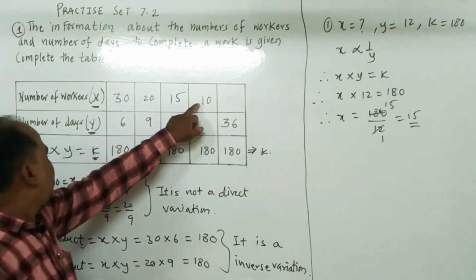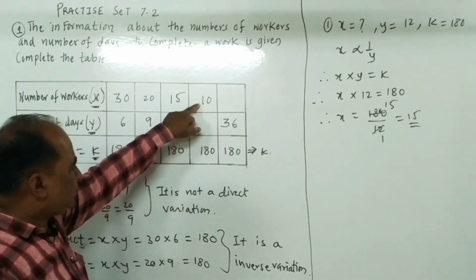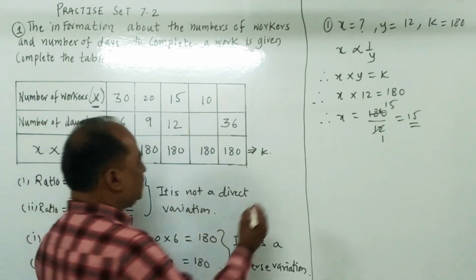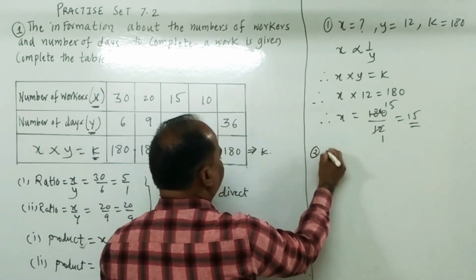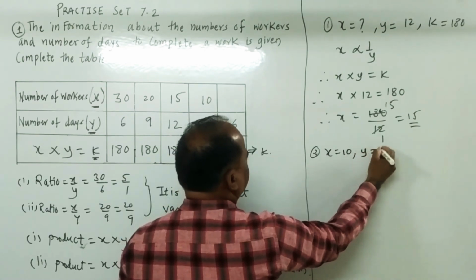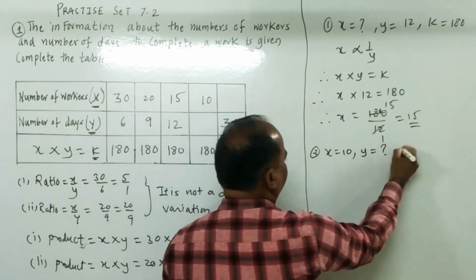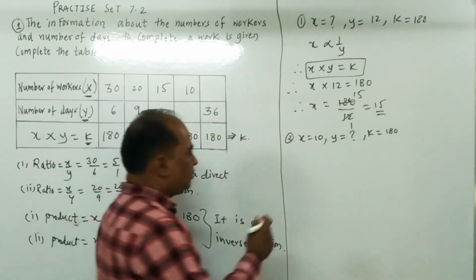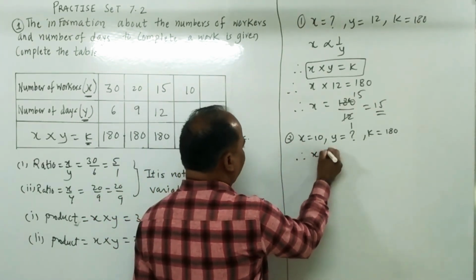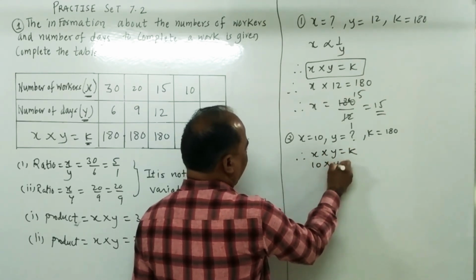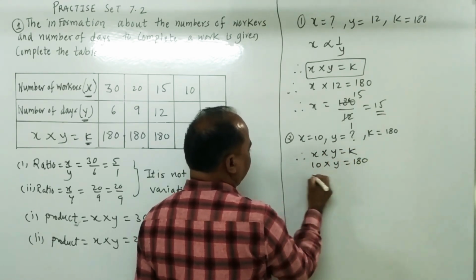Now the number of workers is 10. You have to find how many days are required to complete the work. So x is equal to 10 and y we have to find, and the constant k is 180. Therefore x into y is equal to k, where 10 into y is equal to 180.